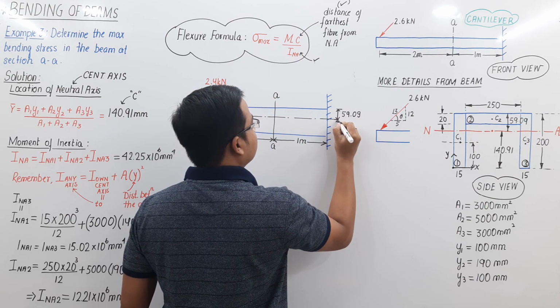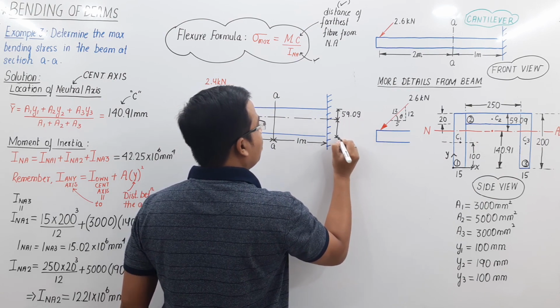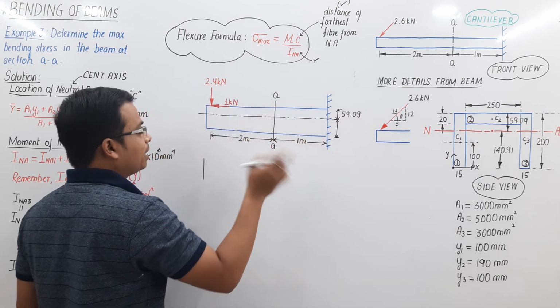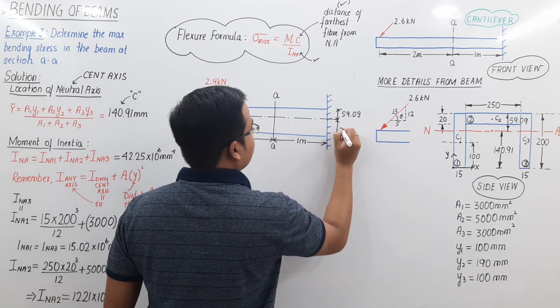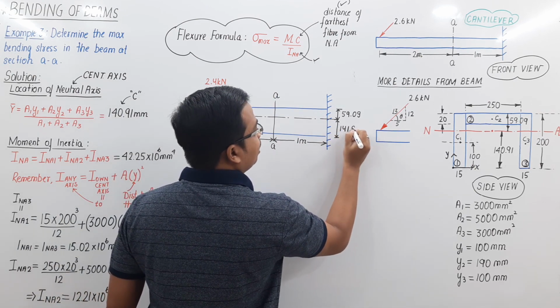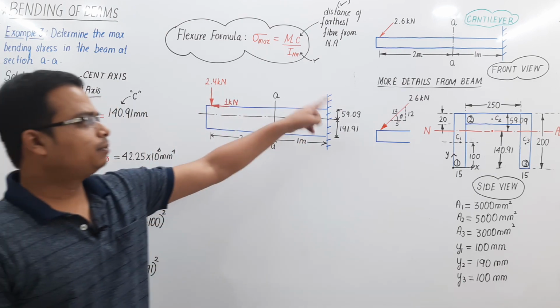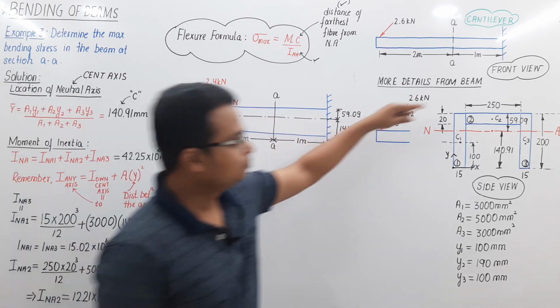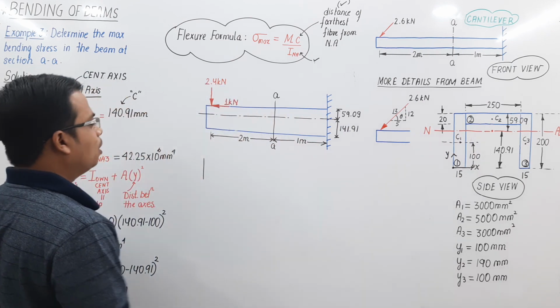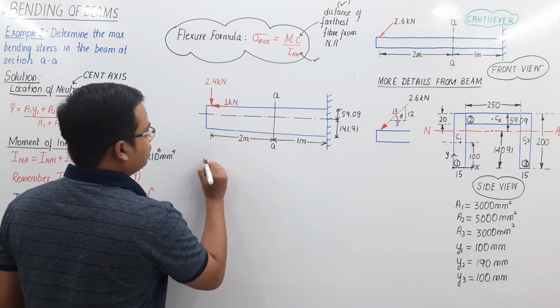Remember, this is in millimeters, so while plugging in the values, we need to plug them in meters. And this much is 141.91. You add them up, you're going to get this depth, that is 200. So you want the bending moment at this cross section.